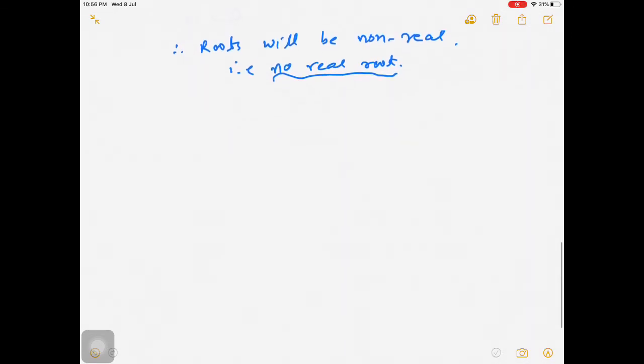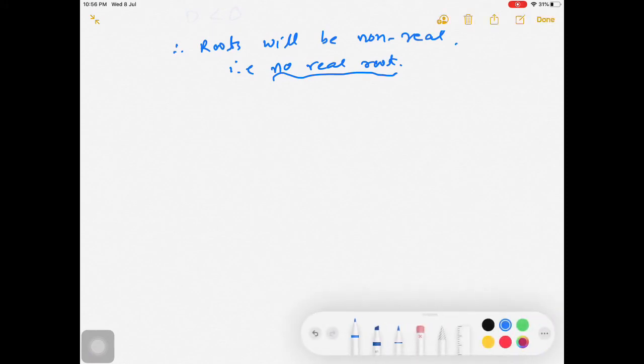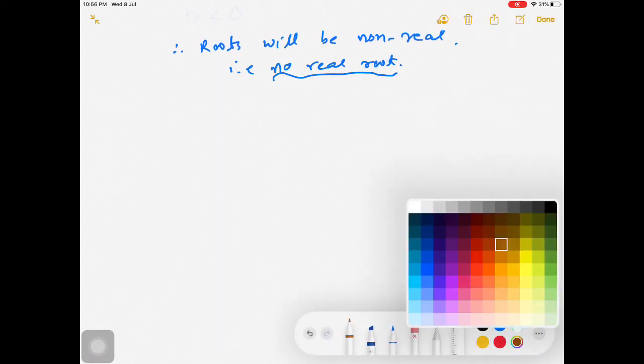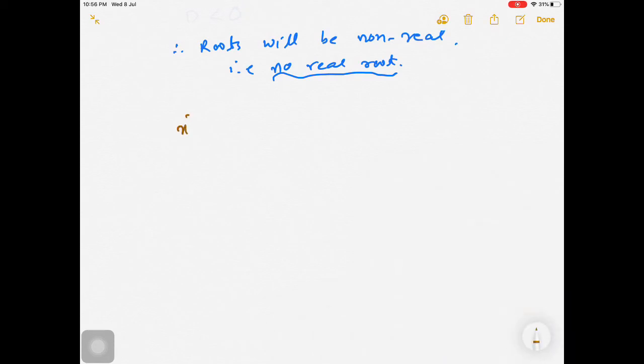Now let's take another example. Suppose we have x square minus 6x plus 9 equal to 0.